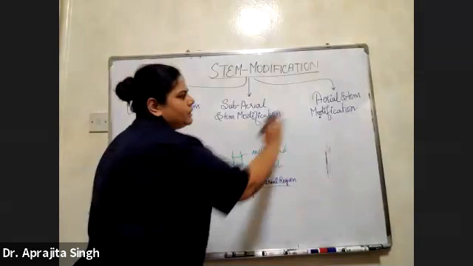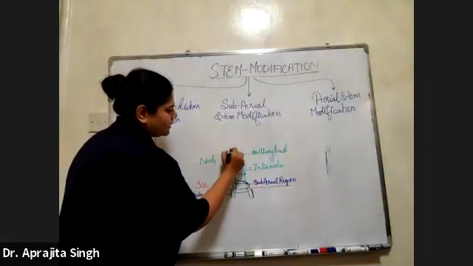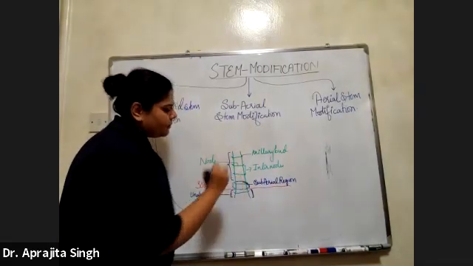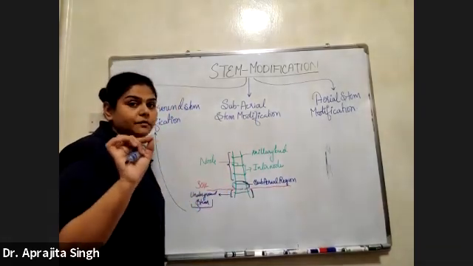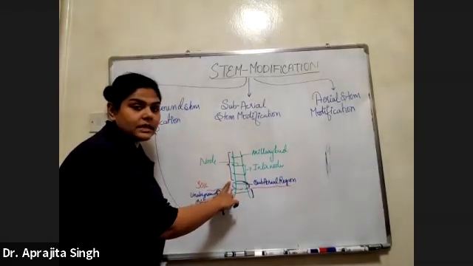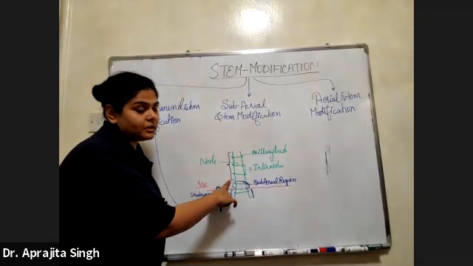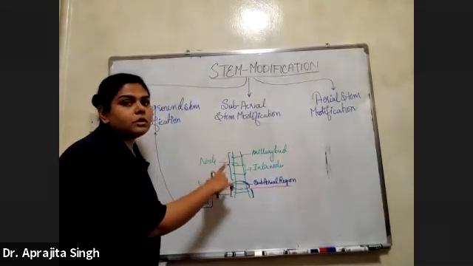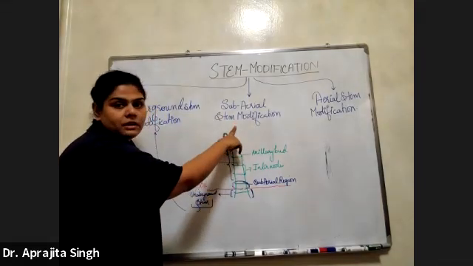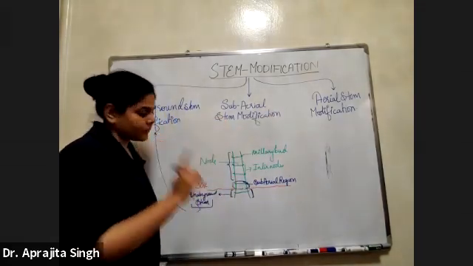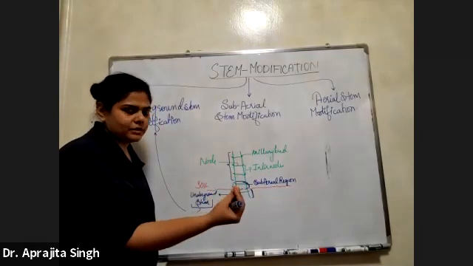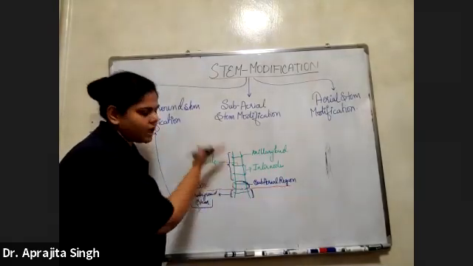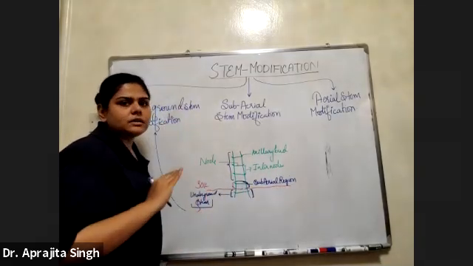Now, what about the aerial stem? This full part just above the subaerial region. Observe, I'm telling you it's just above the subaerial. You will not count the subaerial region into the aerial. Subaerial means just above the soil, but the aerial is the upper part, above the subaerial region.